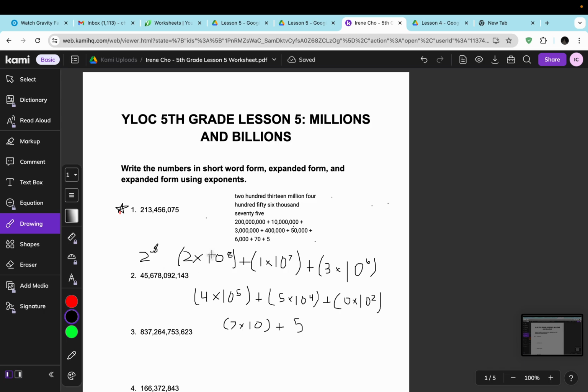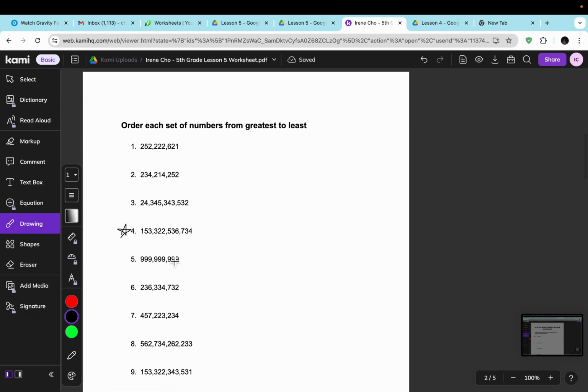So this would be it written out in expanded form using exponents.